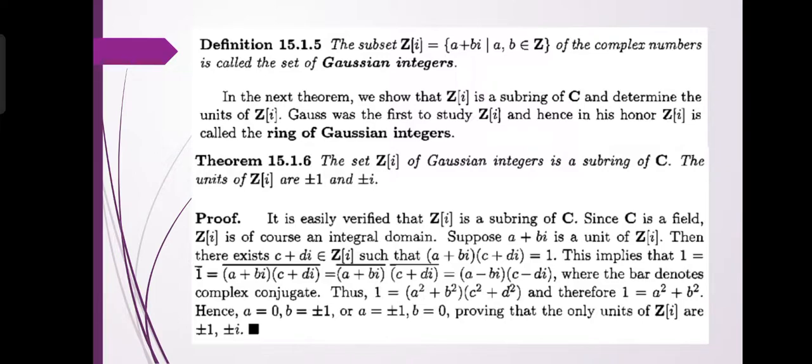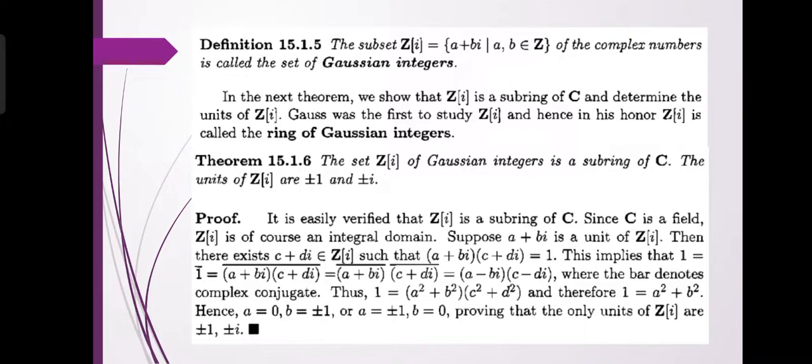This implies that 1 = the conjugate of (a + bi)(c + di) = (a - bi)(c - di), where the bar denotes complex conjugate. So, the bar here is what we call the conjugate.